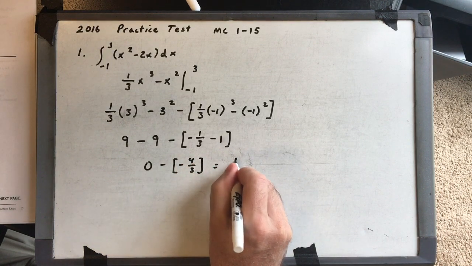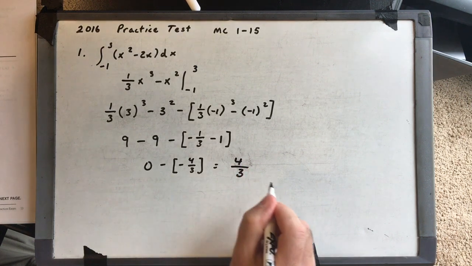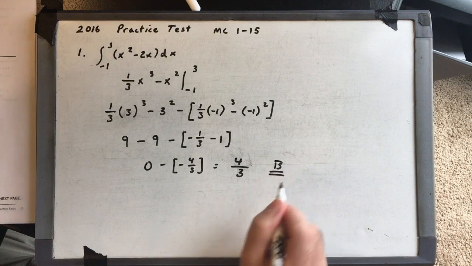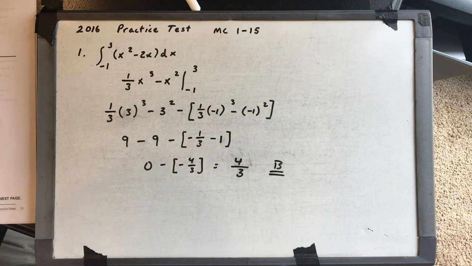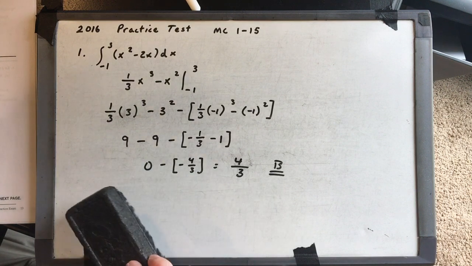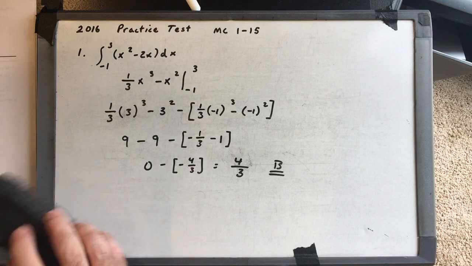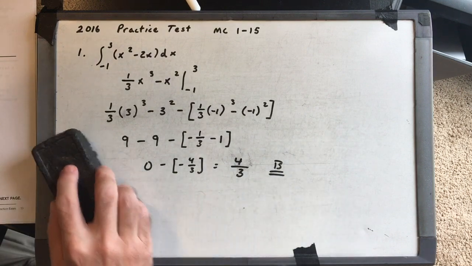Minus minus makes a plus, which is positive 4/3. So that is answer B. All right, so that's one that's easy to mess up all the signs on. Okay, so there's number 1. I think something like that could be on the test.